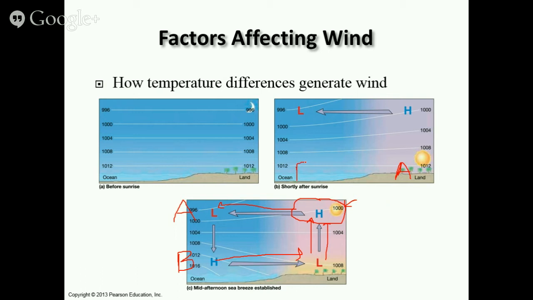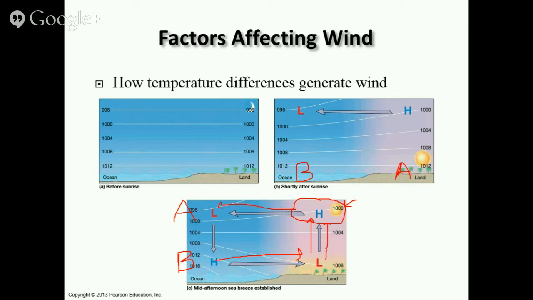At night, water, remember specific heat, is going to hang on to that heat more, and we're going to have a change. So when we have the situation where high pressure is moving to low pressure, because the land is warmer than the water, high pressure will flow toward low pressure, meaning we're going to have a sea breeze during the mid-afternoon after the land heats up.